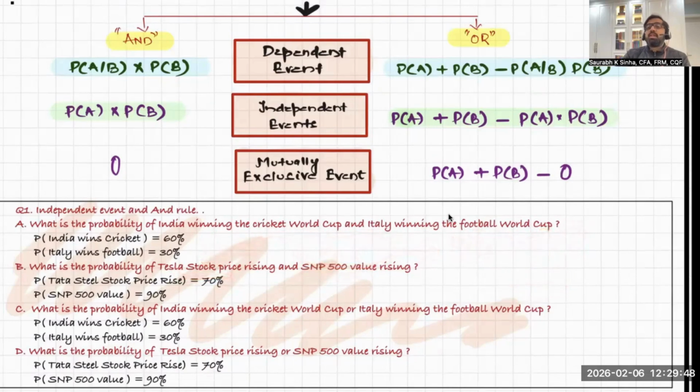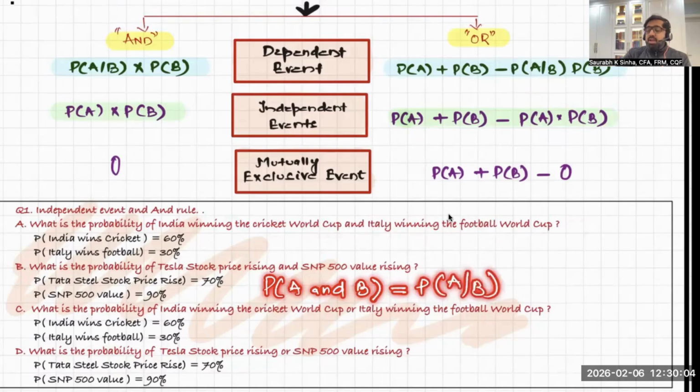The problem is they will not mention this in the question. So the formula for probability of A, which is Tesla stock price rising, and B, which is S&P 500 value rising, will be probability of A given B into probability of B. Now let's see whether we have the information here or not. Do we have the information of probability of A given B and probability of B?